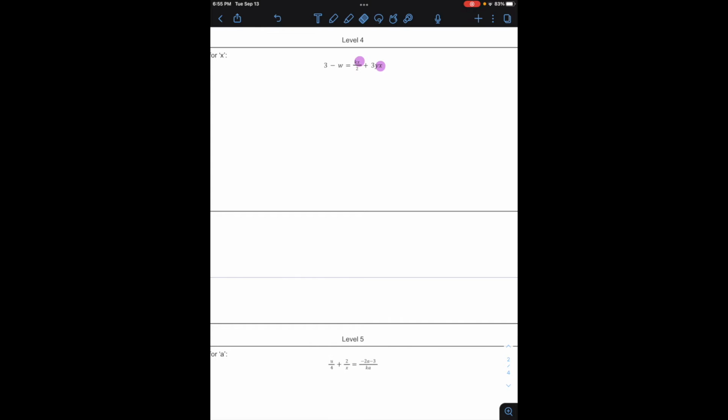One solid strategy that I saw many students using, if we want to deal with that 2 in the denominator, is to just multiply both sides of our equation by 2 right away, and that'll handle the 2 in the denominator and make it so we don't have to work with fractions. Remember that 2 distributes to all of the terms on both sides of the equation.